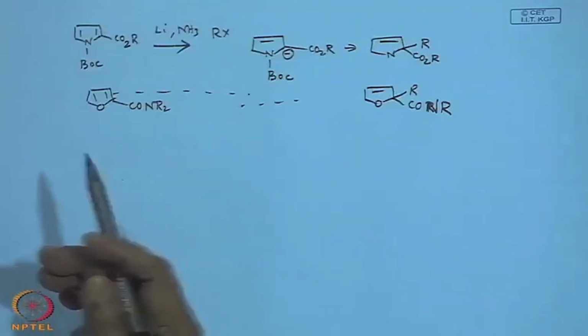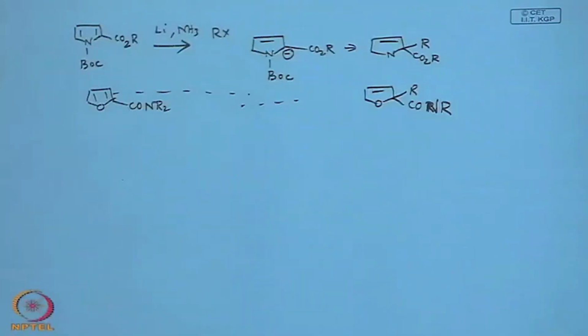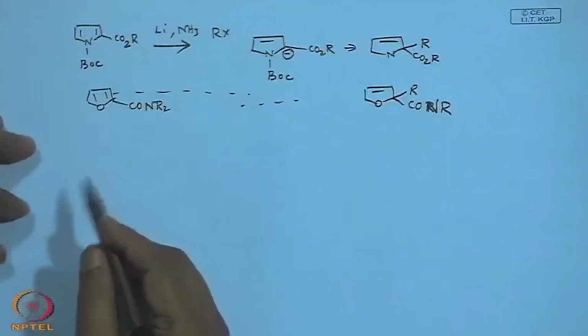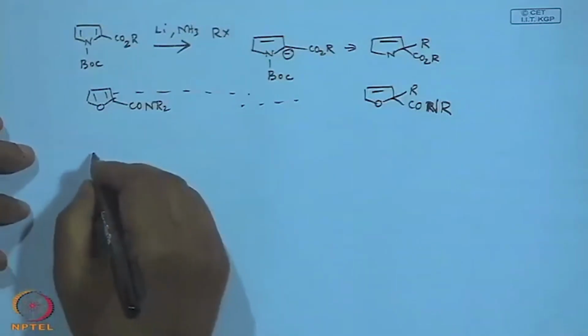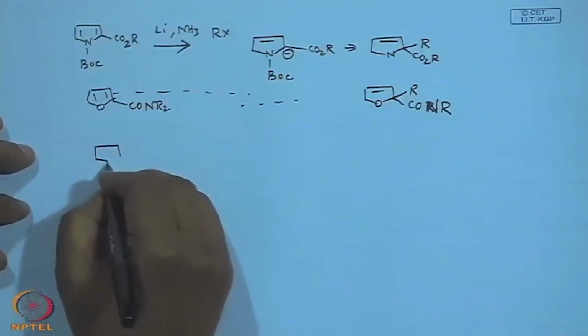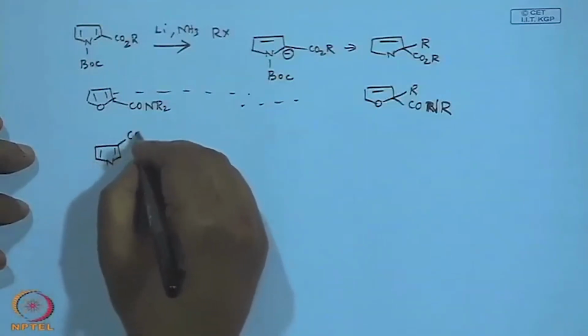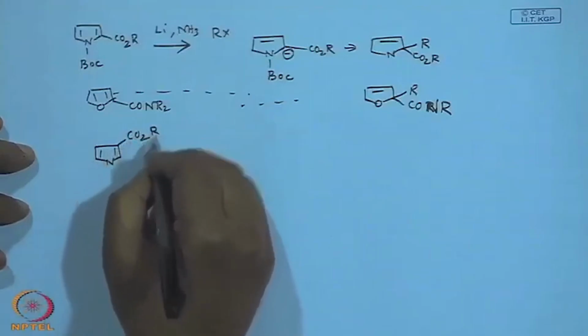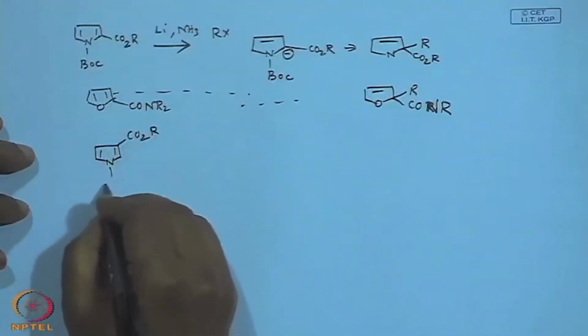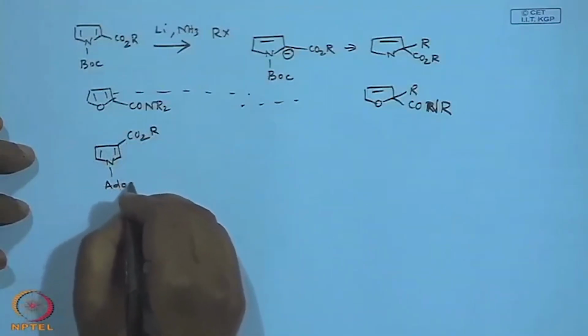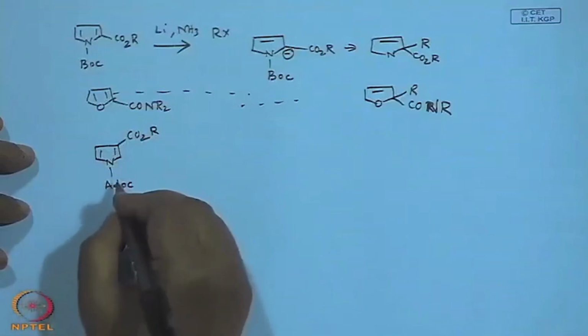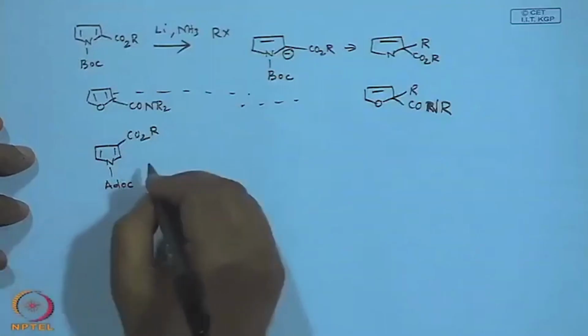This is, let us say, now there is a little change. For example, suppose you have a substrate where the ester is at the 3 position, and then you have a protecting group called ADOC.